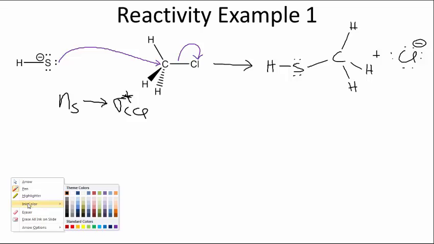So the question is, is it usually a single atom that breaks off? And the answer is not necessarily. We'll see examples where a whole group breaks off. But it'll always be the more electronegative atom that breaks off. We generally attack the less electronegative atom and not the more electronegative atom.